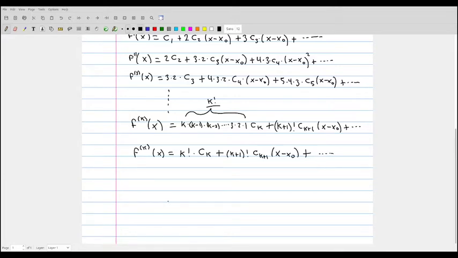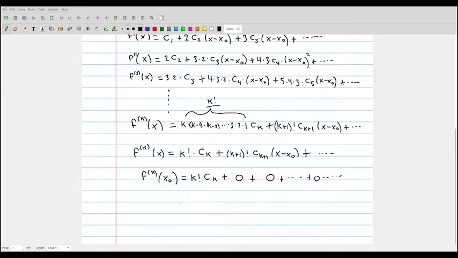So the way of figuring out a formula for ck is, if we plug the value x naught into the function, we get that the kth derivative of the function f at x naught is going to be k factorial times ck plus, well, x naught minus x naught is 0, and because of that, all of the other terms in the Taylor series expansion are also going to be 0, all the way up to positive infinity.